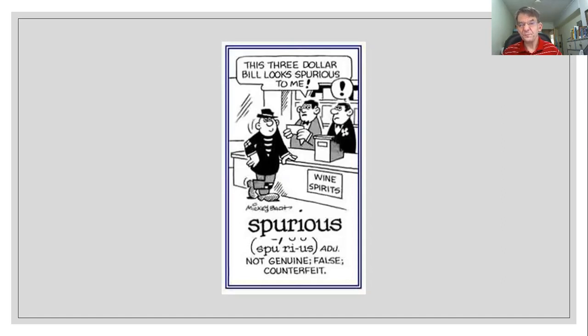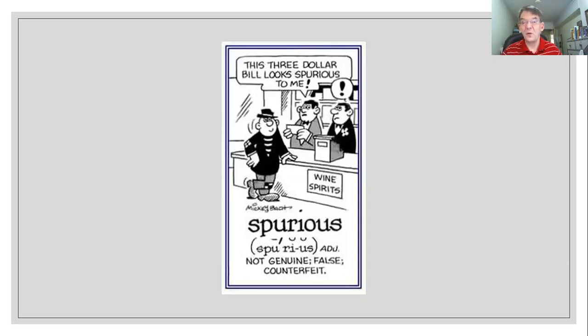Here we have a customer who is at a wine store, and he's trying to buy a bottle of wine. But look at what he gave to the store clerk. He gave the store clerk a $3 bill.